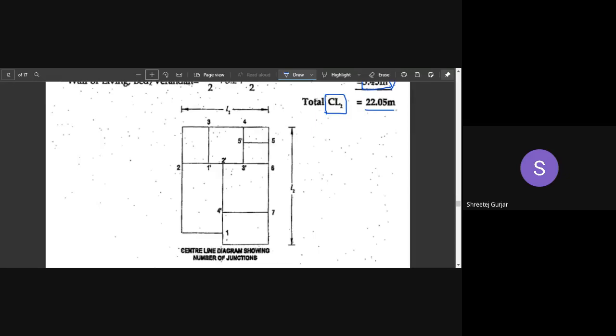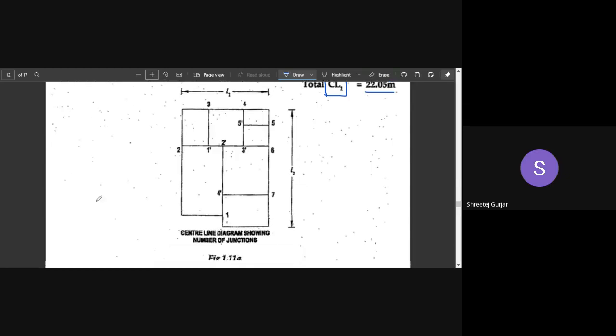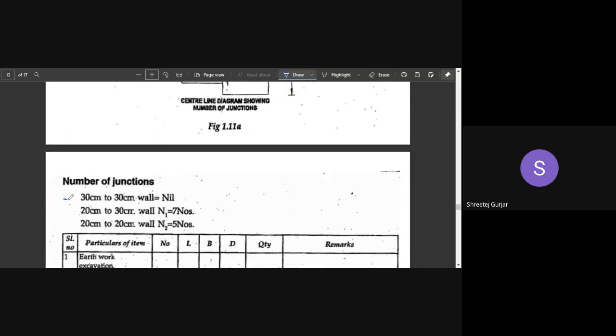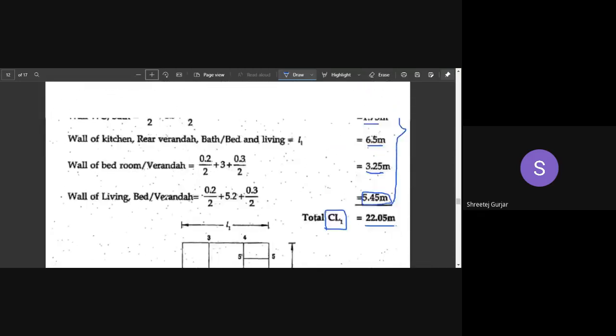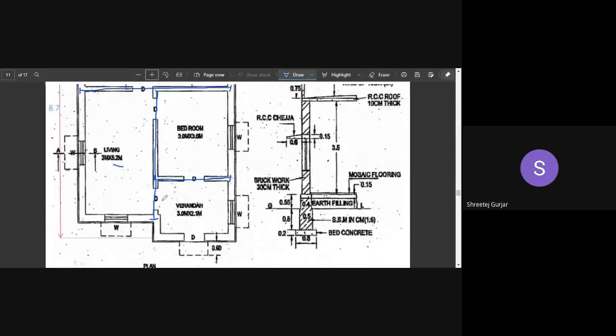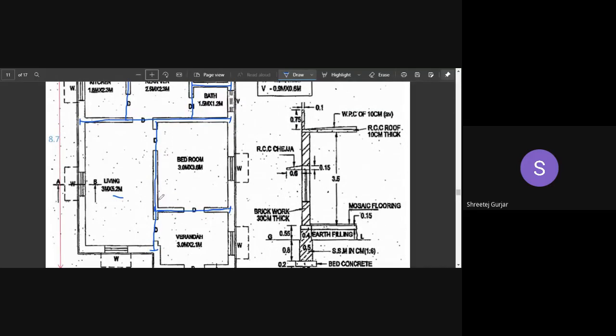There are various types of junctions depending on the number of walls. We have two different wall types in our plan: one is the 30 centimeter wall and one is the 20 centimeter wall. The first type of junction is 30 centimeter wall to 30 centimeter wall. So we have to look into how many junctions there are such that a 30 centimeter wall is getting into a 30 centimeter wall.